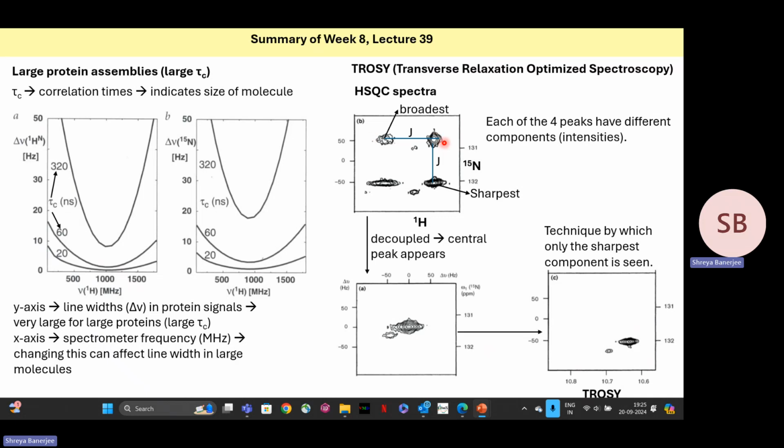From all the peaks, you will only see the peak which is sharpest, that is, where line broadening is minimum. So while studying large protein assemblies, because the line width is high due to the large tumbling time, the peaks become very broad. Then the TROSY experiment is done to choose that particular peak which is sharpest, which will help us resolve the spectra better.